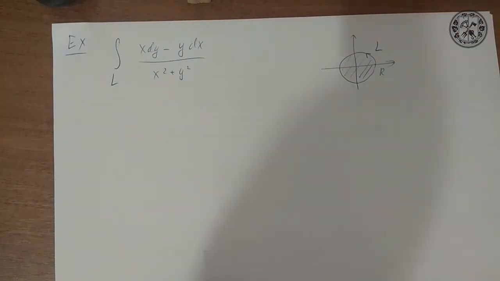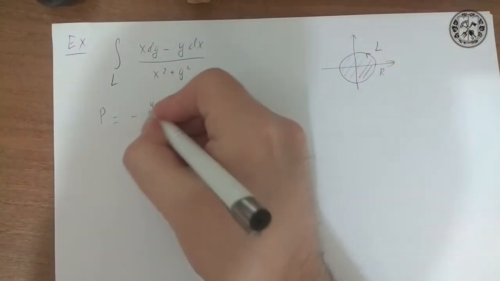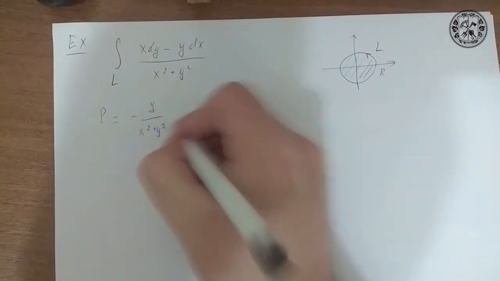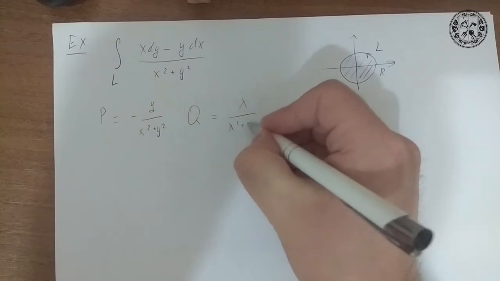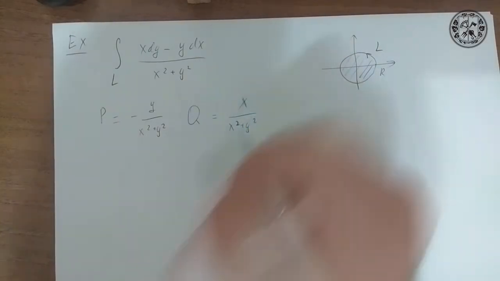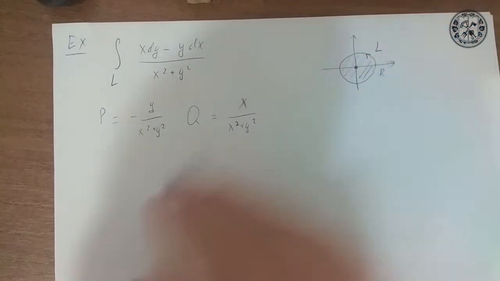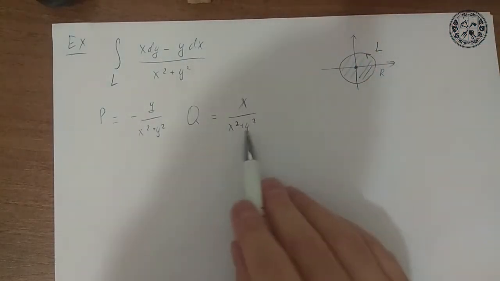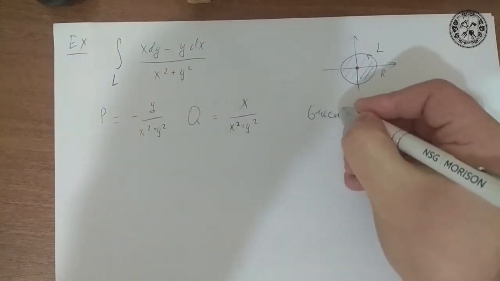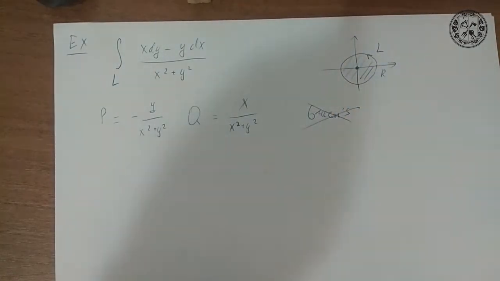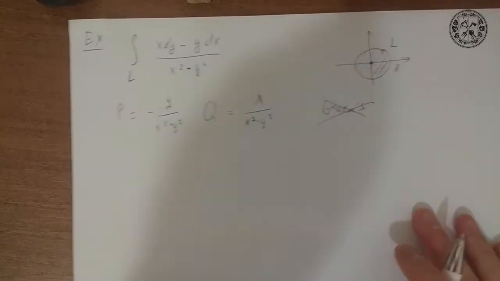And the problem is that we have p equals minus y over x squared plus y squared, q as x over x squared plus y squared, but they are not continuous inside this circle. At point 0, 0 we have division by 0 here, division by 0 here. So Green's formula is a no-go. We will do it manually without this formula.